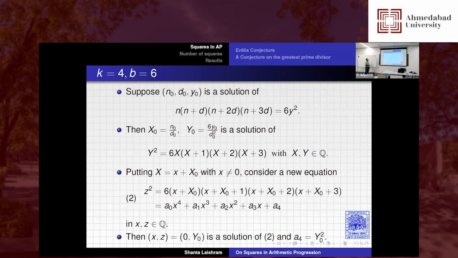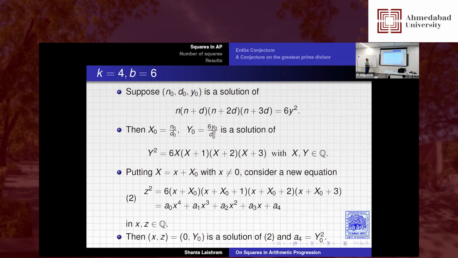Now you put capital X to be some x plus x naught. You see x naught is given to us. With x naught equal to 0, you substitute here and get a new equation which is g square is 6 times x plus x naught, or x plus x naught plus 1 and so on, which you write in this form, which is some a naught x power 4, a1 x cube, a2 x square, a3 x plus a4, where when x is 0, a4 is nothing but y naught square.